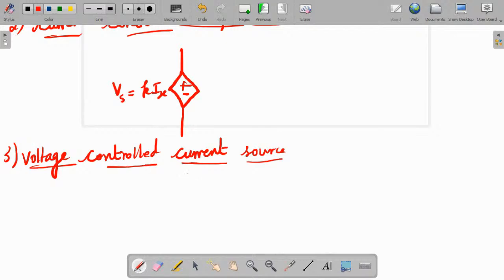So a current source is denoted by an arrow, and here it is controlled by a voltage. So Is is equal to K times Vx.